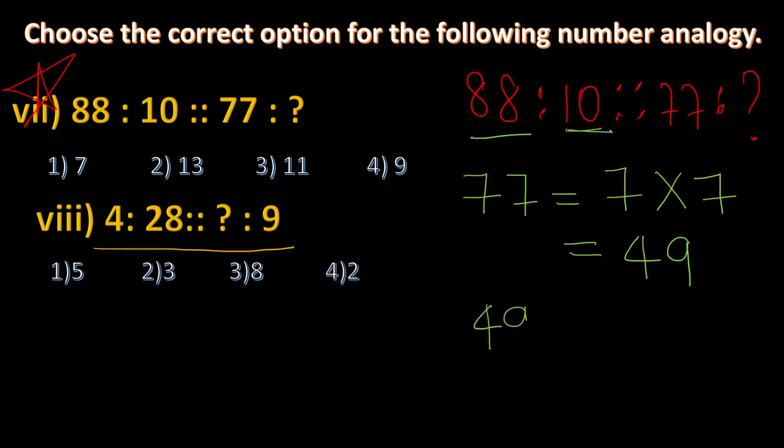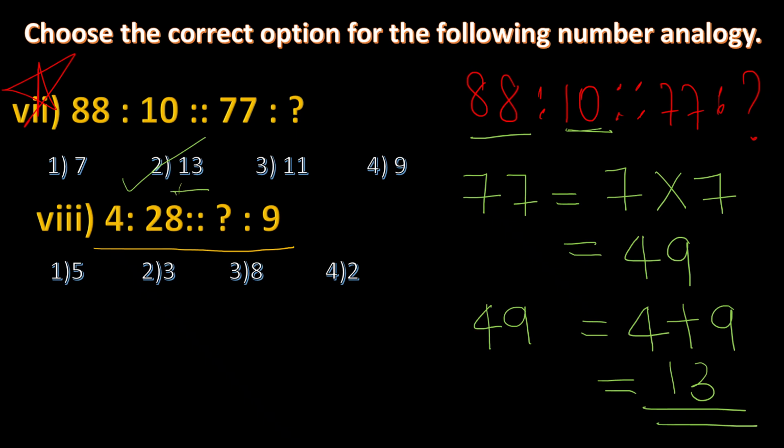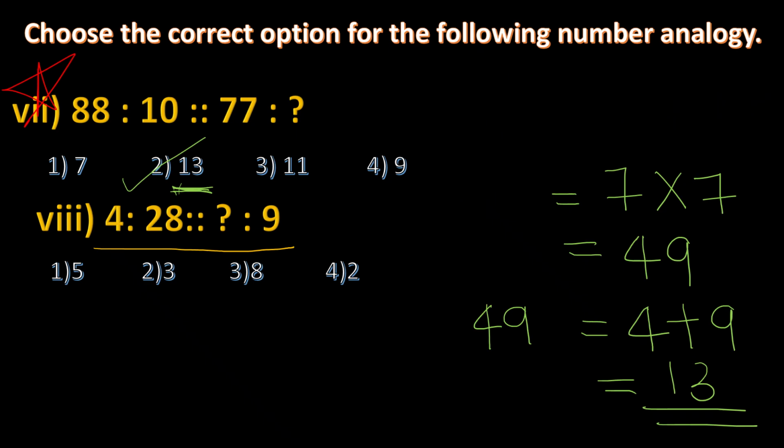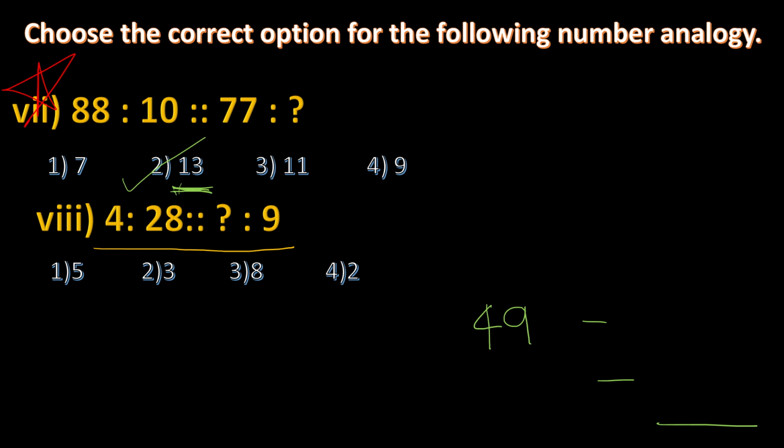Now, 49 is there, 4 plus 9 you will do, which will give you 13 as the answer. So, B option, 13 is the correct option. I hope you got the logic. And the last one, that is 4 is to 28, 9 is to what? That is your homework question.